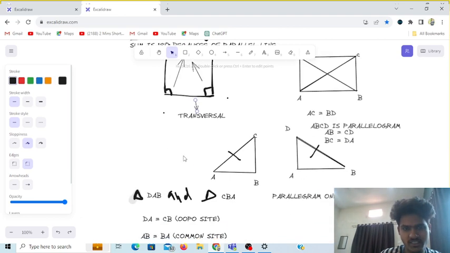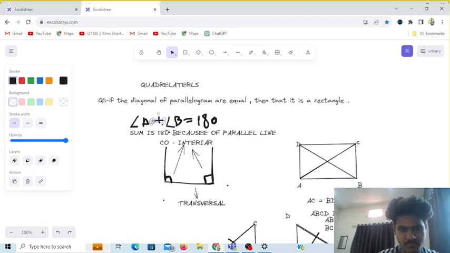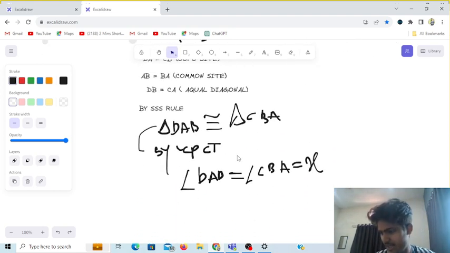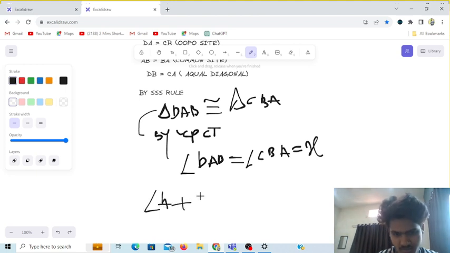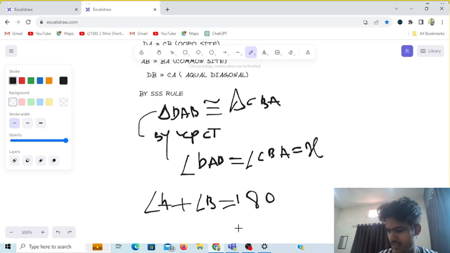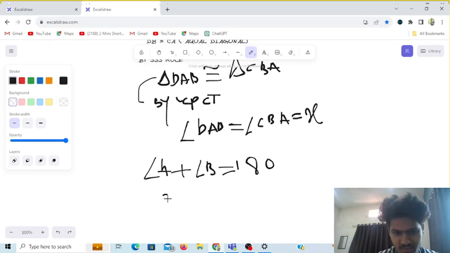Okay, so let's write angle A plus angle B is equal to 180 degrees. What is meant by angle A and angle B? We can consider that each is x.